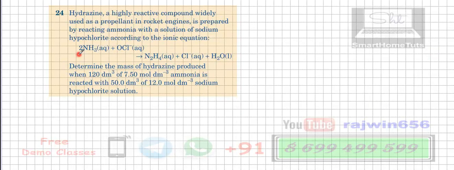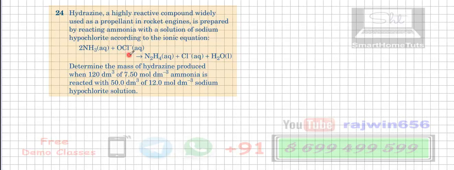You see, for both substances, for ammonia as well as OCl minus, we are given the volume of solution as well as the concentration of the solution. So from this we will get the moles of ammonia. We are also given the volume of sodium hypochlorite solution as well as its concentration.